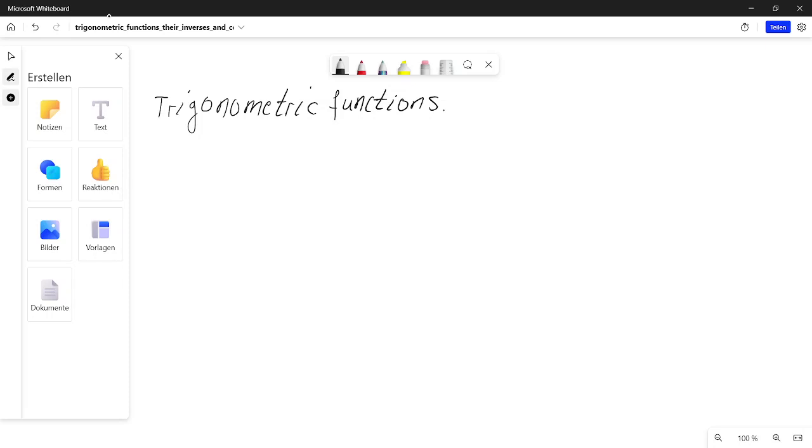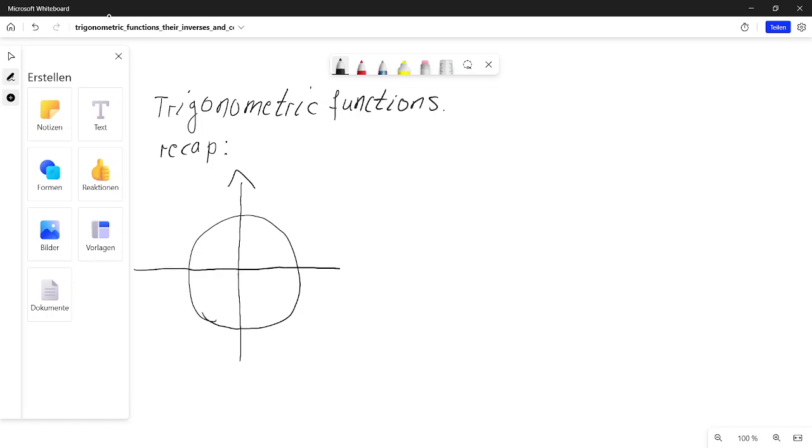Trigonometric functions. So, a recap from the last time. Last time we realized the generalizations of cosine and sine to general angles, which we now measure in radians, that is, in units that correspond to the arc length on the circle, instead of measuring them in degrees. That is the more customary mathematical way.